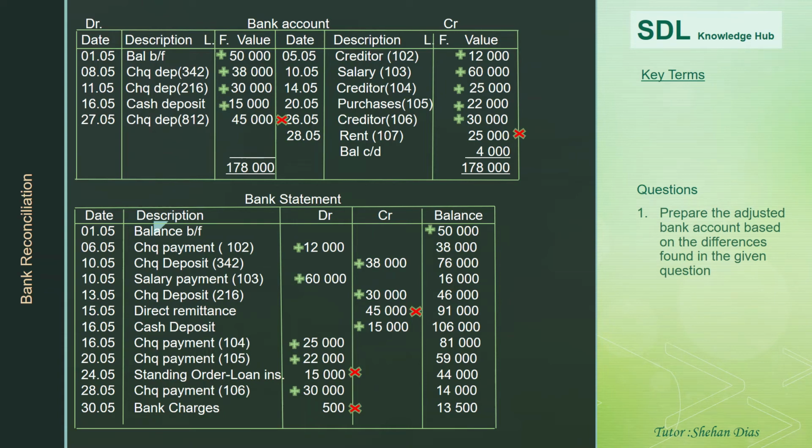Whatever is not ticked is finally marked with a red cross, which are the ones that are not there in either one of the statements. Using that, we can go on to prepare the adjusted bank account and finally the bank reconciliation statement.